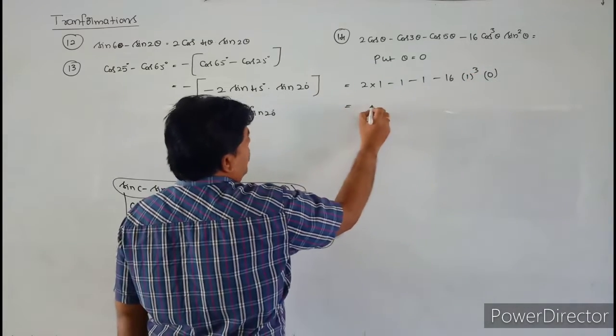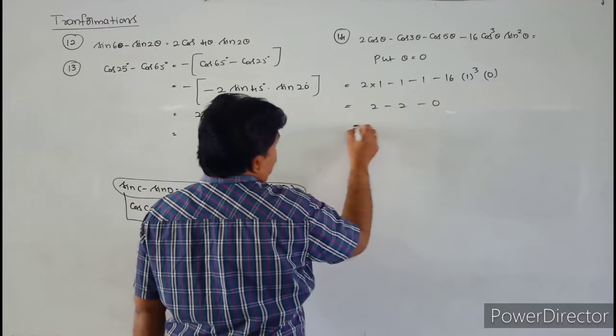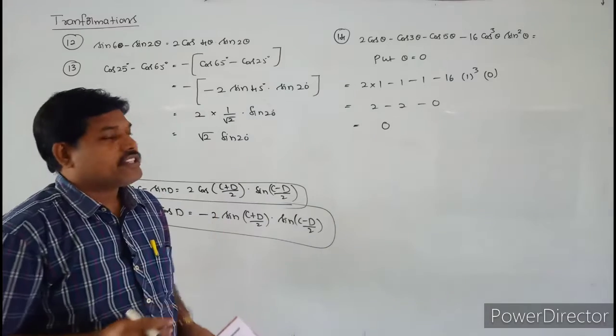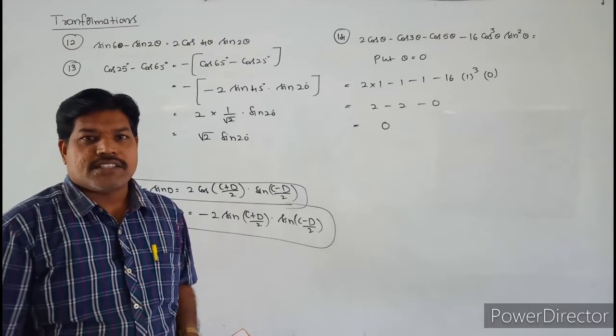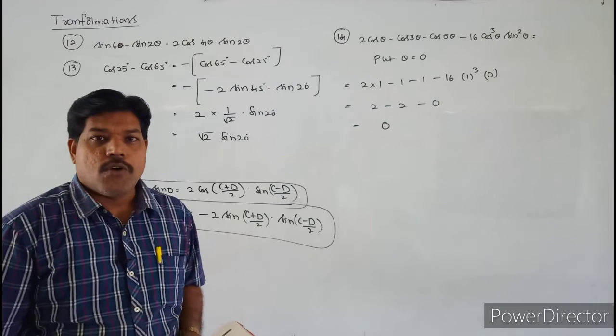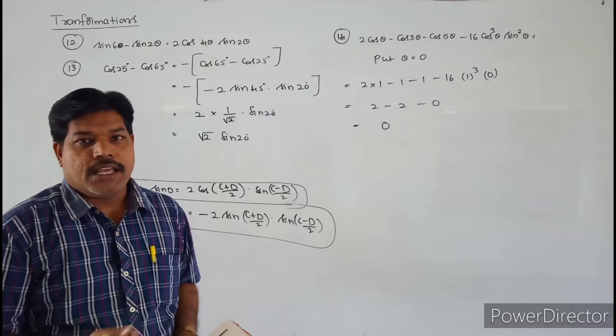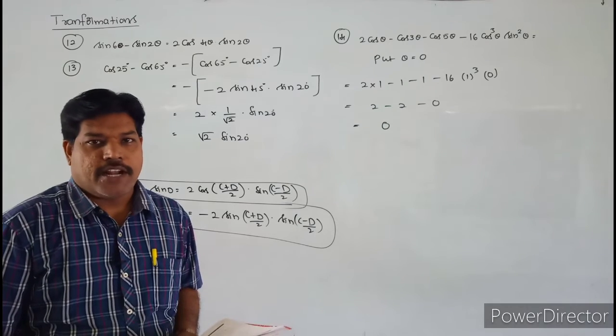So it becomes 2 minus 2 minus 0, and the answer is 0 only. For these types of questions where only a numerical value is given, use a suitable angle in the problem and you will get the numerical value directly.